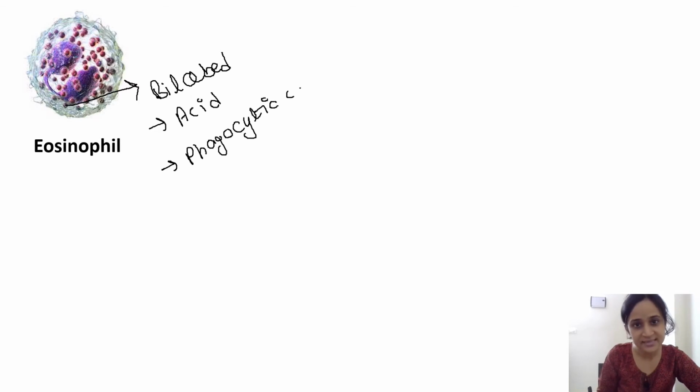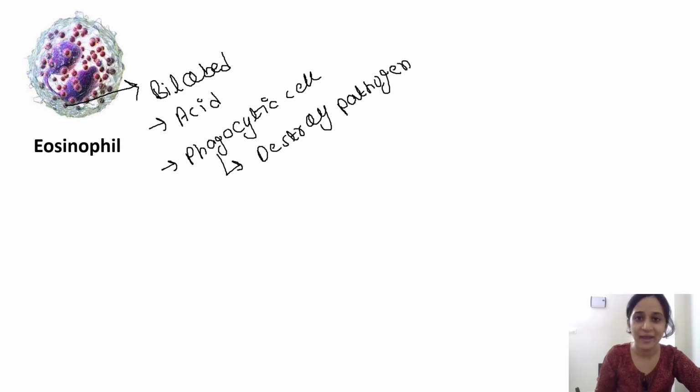And they are also phagocytic cells. Like neutrophil, they also destroy pathogens via phagocytosis. And it makes only 2 to 3% of the whole WBC.